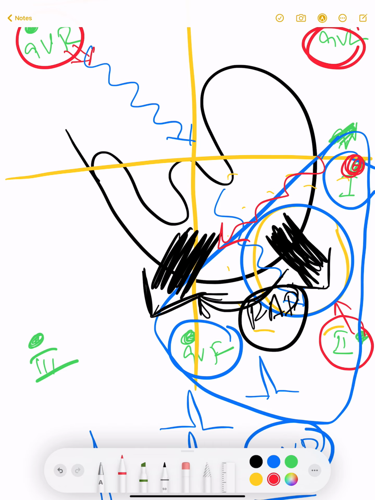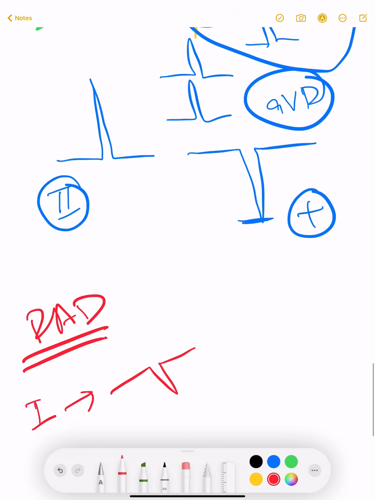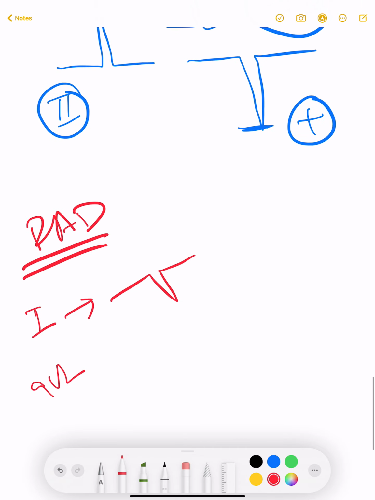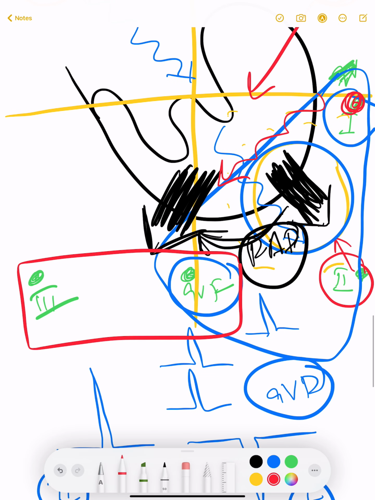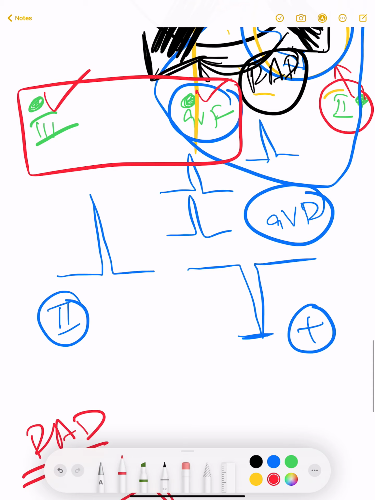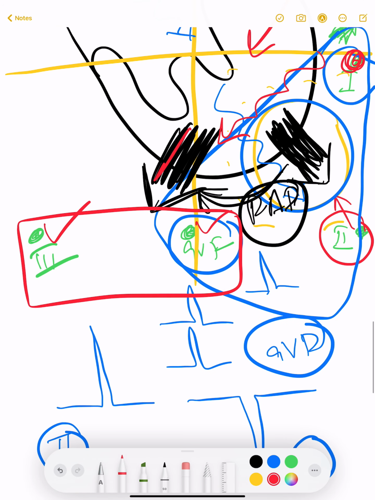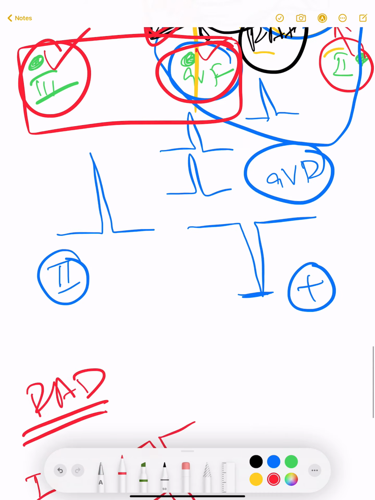Similarly, if I am seeing this from AVL, there will again be a negative deflection. On the other hand, if I am seeing from AVF or lead 3, there will be a positive deflection because the axis is looking towards AVF and lead 3.